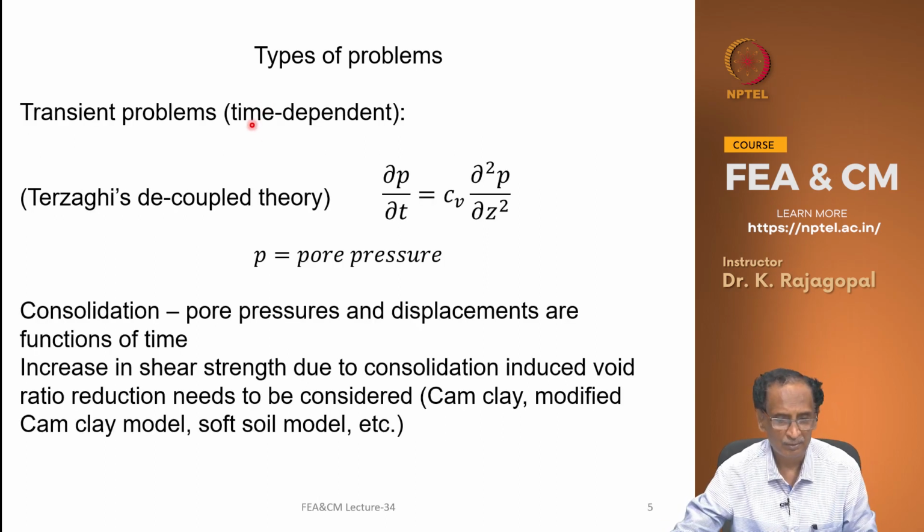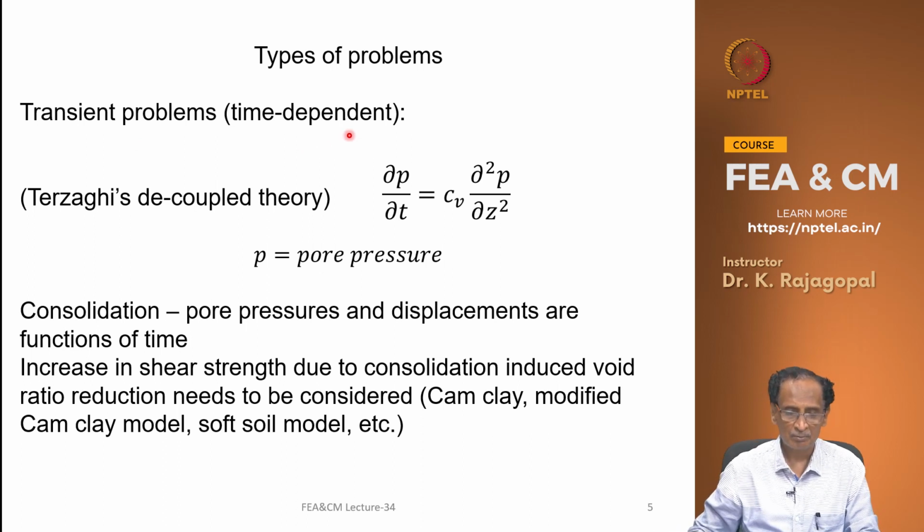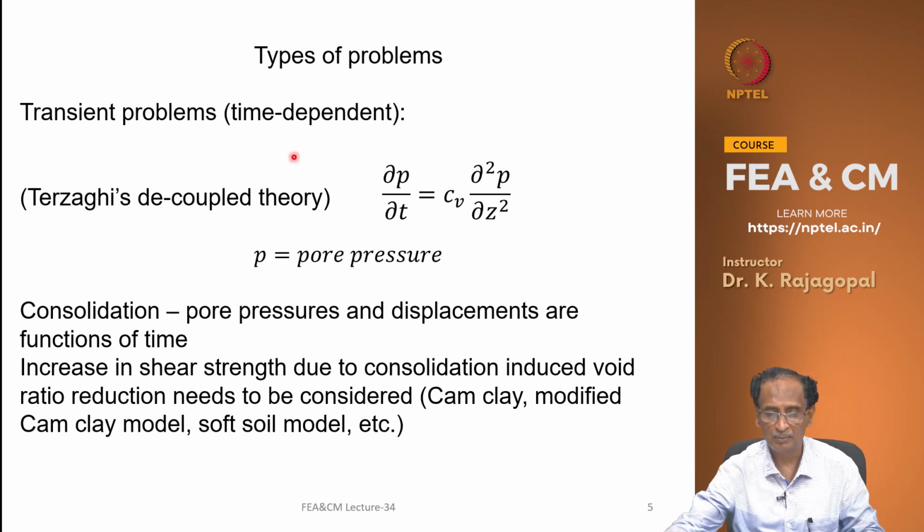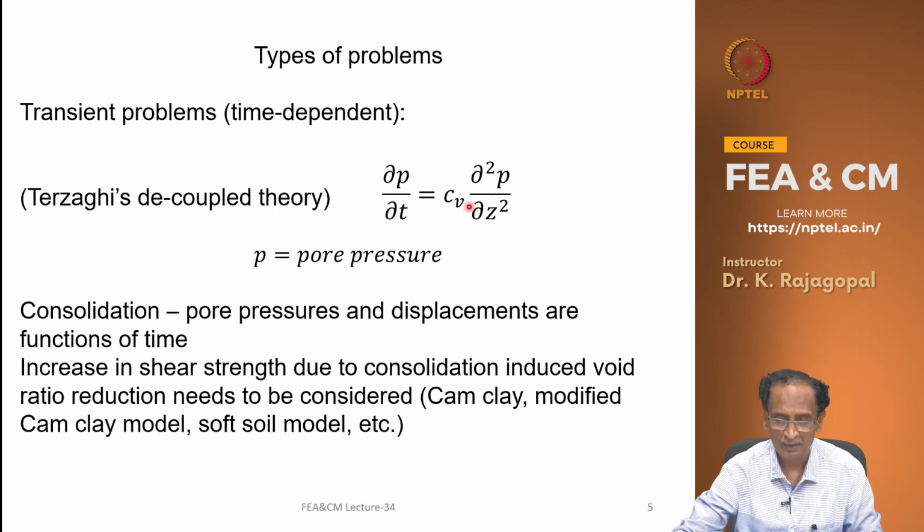Then we can also do transient problems, which are time dependent, and typical of this is Terzaghi's one-dimensional consolidation equation: dou P by dou t equals Cv dou square P by dou z square, where P is the pore pressure and Cv is the coefficient of consolidation.